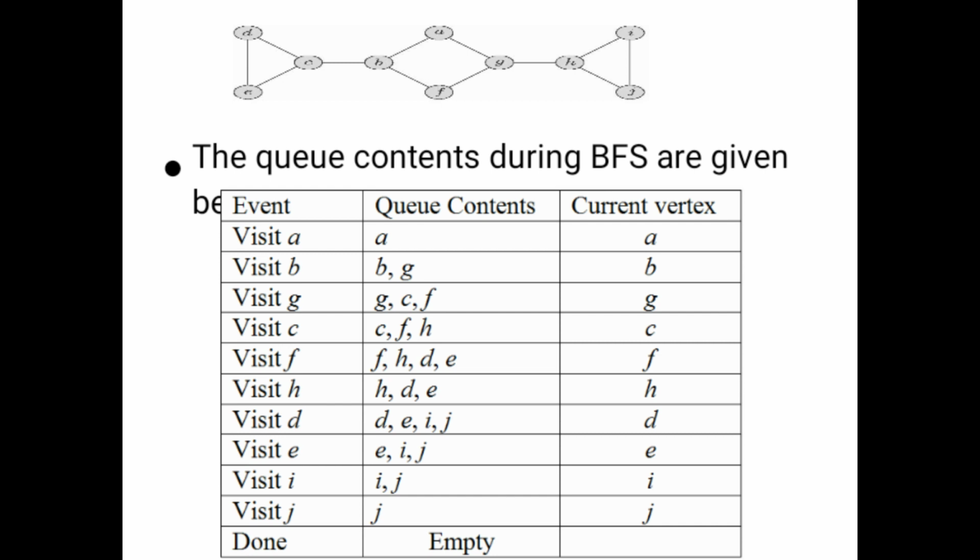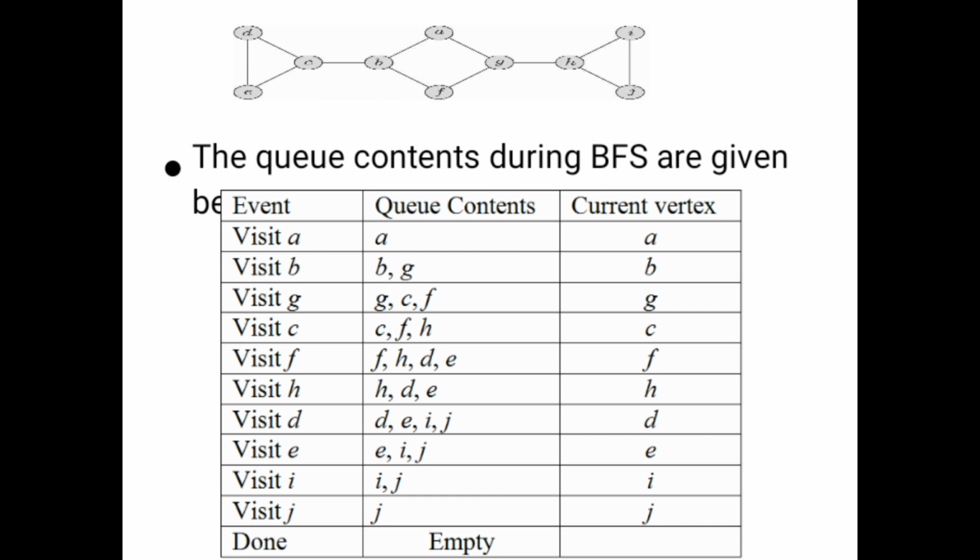Here the vertices adjacent to A are B and G, which are inserted into the queue. Then the front element of the queue, B, is deleted, and all the vertices adjacent to B are inserted into the queue. The vertices adjacent to B are C and F, which are inserted into the queue.